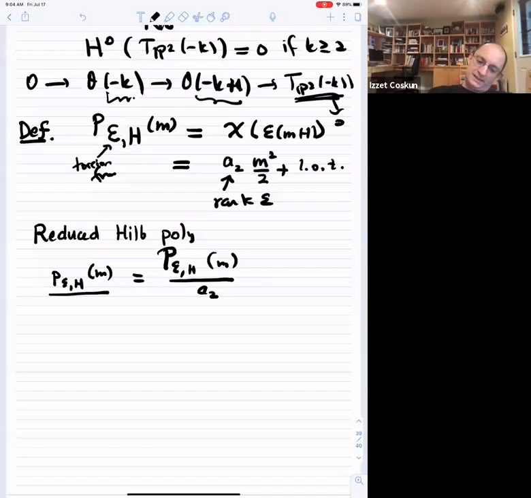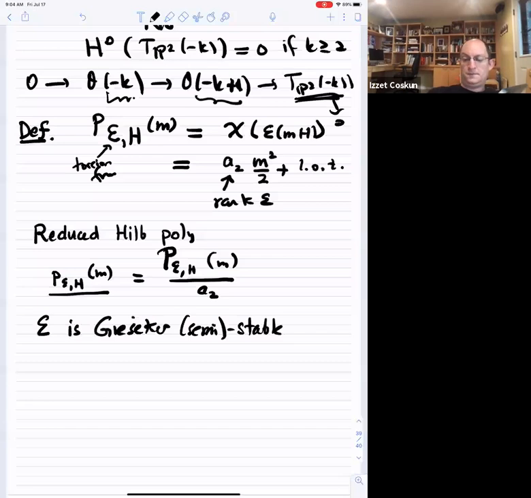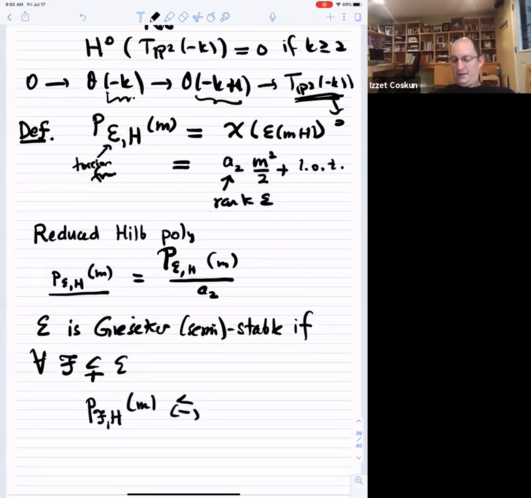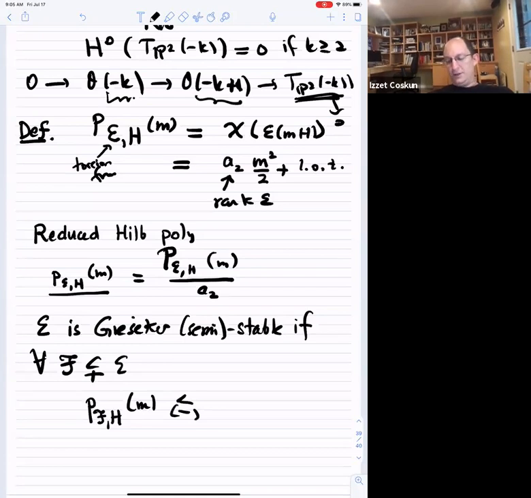So you say that E is Gieseker semi-stable if for all proper subsheaves F, the reduced Hilbert polynomial for F is less than or equal to that of E. Again, if you don't allow equality, you get stability.